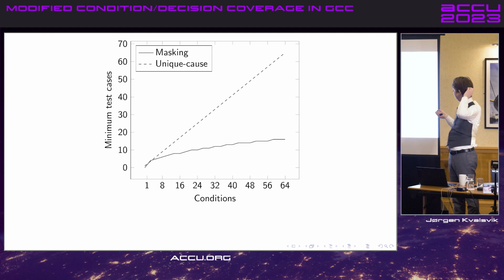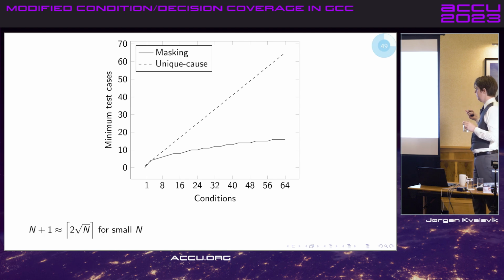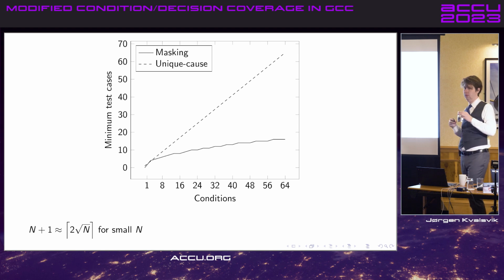But with masking, you can get away with, what's that, 11, 12 maybe tests and still pretty much have the same level of confidence. So it matters for really big conditions. They aren't so common anymore, but it can still happen. Note that for small n, n plus 1 and 2 times the square root of n are pretty much the same thing.